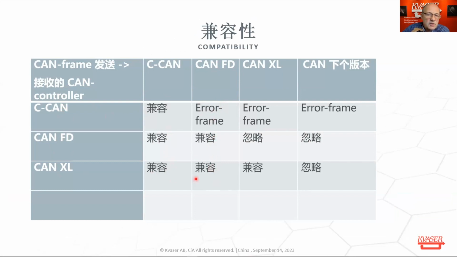So the CAN-XL controller can handle both CAN-FD and CAN. When we send a CAN-XL frame, classical CAN again responds with an error frame, CAN-FD will just ignore the frame, and it will be received by the CAN-XL controller. And future protocols, CAN-FD and CAN-XL can handle by just ignoring the future CAN versions.